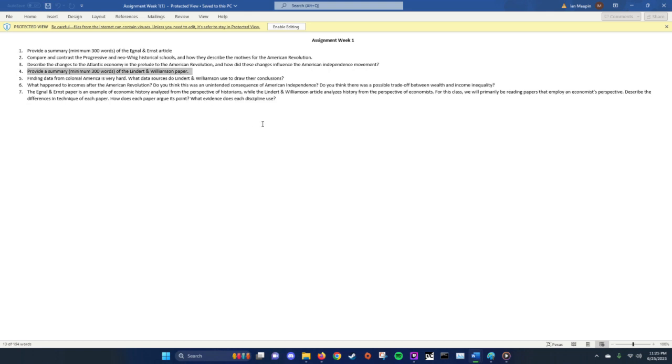So you can do that as you're reading the paper for the first time, making notes, writing kind of what the important things you notice are. But then these next 3 questions, or really these next 2, this third one is a comparison between the 2 papers for week 1.